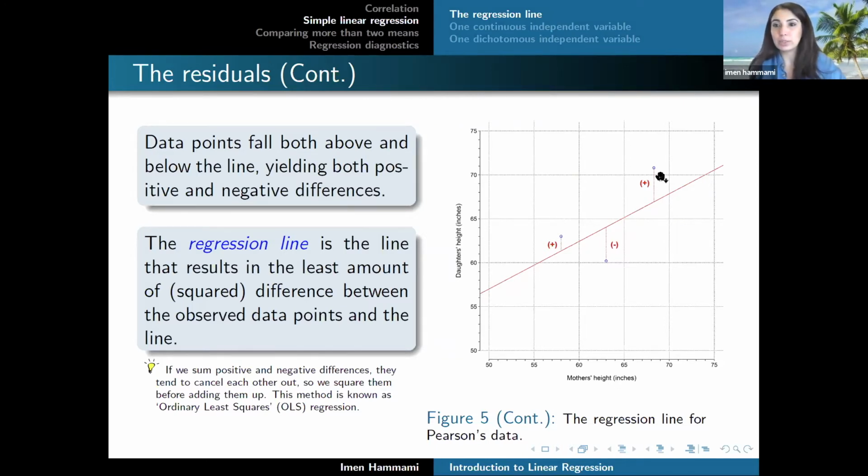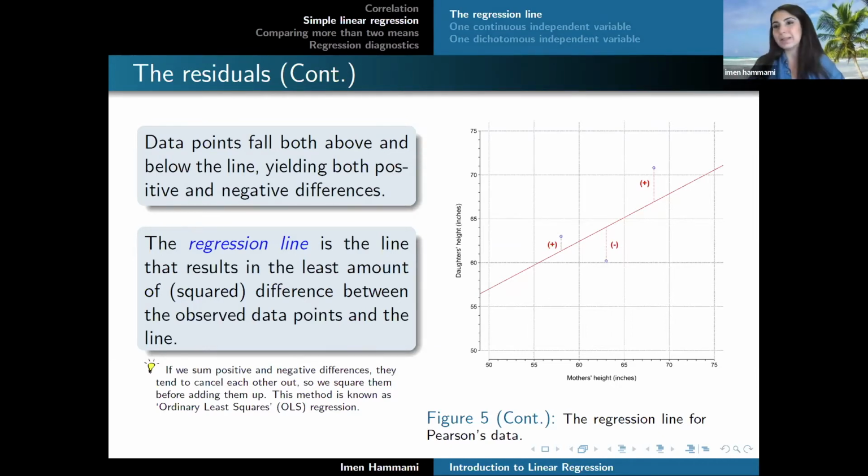For example, +2 and -2 sum to 0, so you lose information about variability around the line. If you square all these differences, you only have positive numbers, so if you sum them, you always get some information about how distributed these residuals are. So the idea is to square those residuals and minimize them.